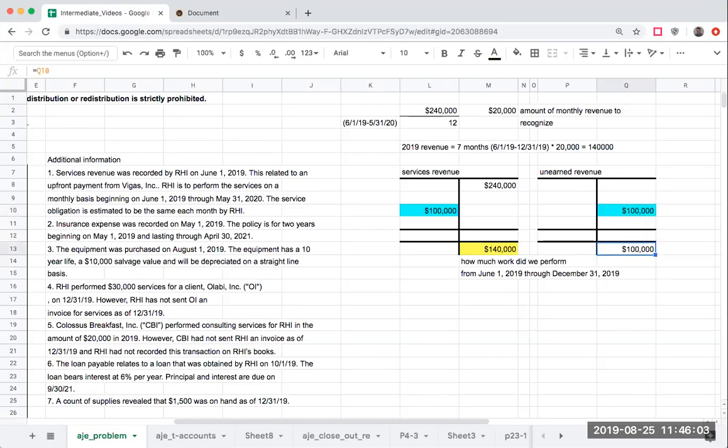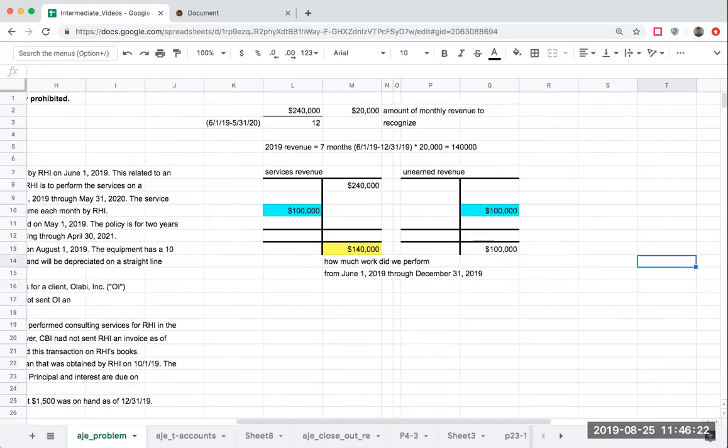Now, we know that our services revenue is correct, but when I look at unearned revenue, is this correct? What is unearned revenue? Unearned revenue is a liability which represents the future amount of services that we have to perform.